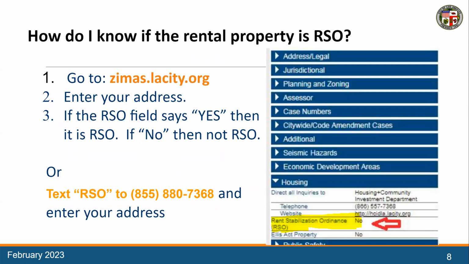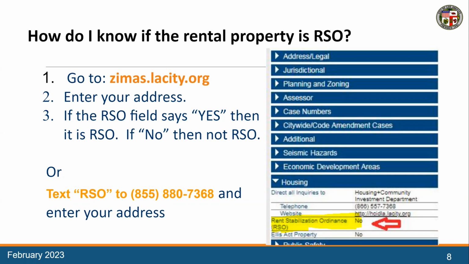If you are uncertain if the rental unit is subject to the city's RSO, you can go to the website at cemas.lacity.org. There you will enter the rental property address. You will get search results, which will include a list of different accordions of information, one of which is titled Housing.